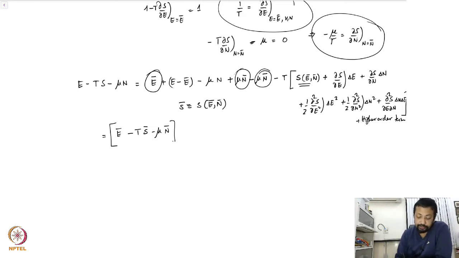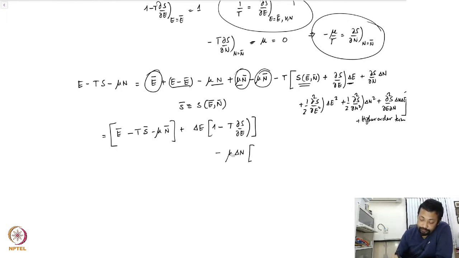The first term is delta E, and I have a delta E over here, so this becomes delta E times 1 minus T del S del E. Minus mu N and plus mu N bar gives you minus mu delta N, not mu delta N, we will take delta N outside.